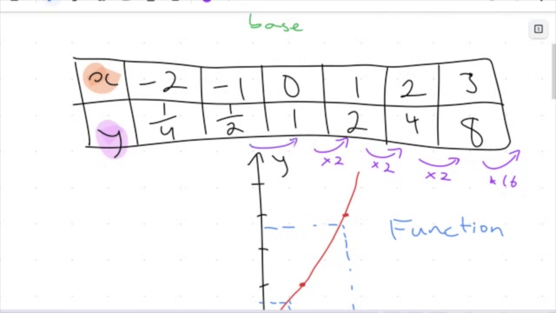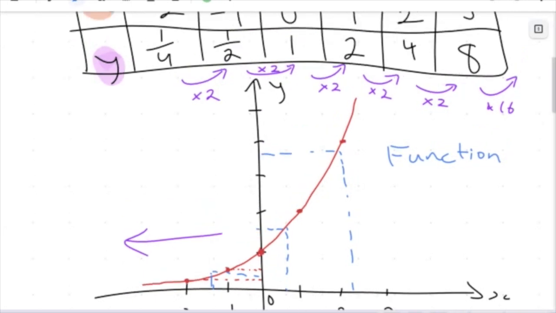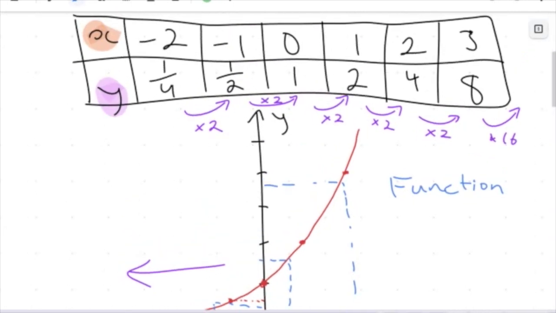Now, going in this particular direction, we said that everything doubles. As we go to the right, everything's doubling. As we go to the left, as our x values get smaller, my y values will keep getting divided by 2.